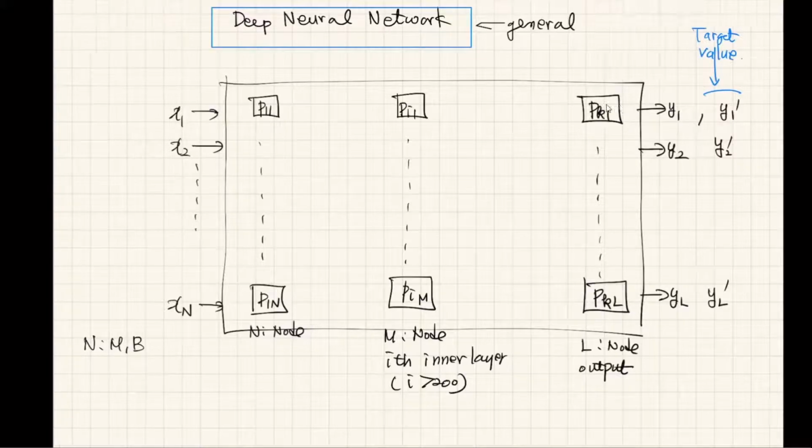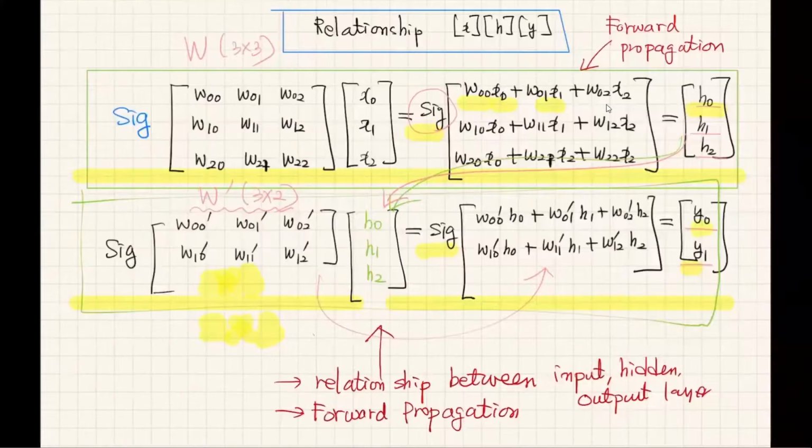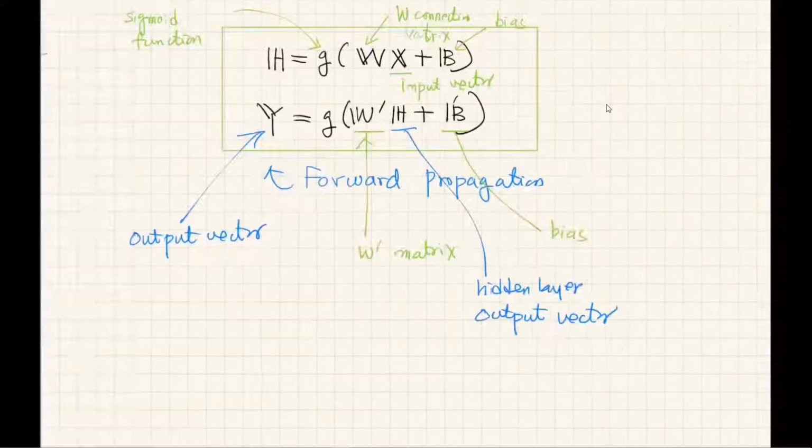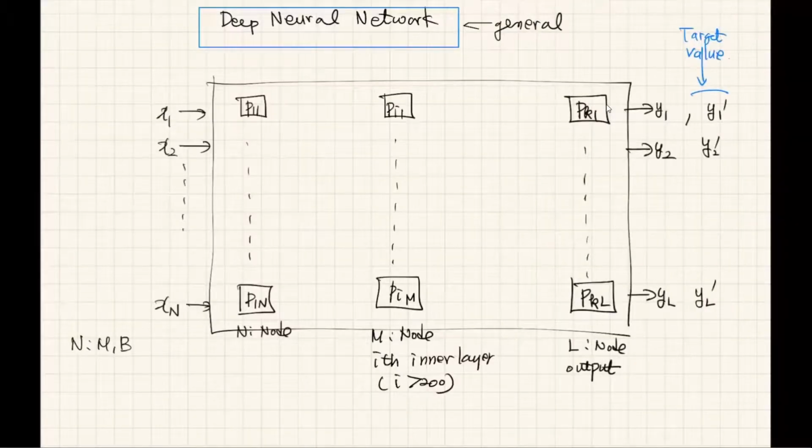So in the previous slide, we had only three inputs and two output numbers, and we had one hidden layer. That hidden layer had three nodes. Now, in the general case, we have n inputs, so the vector size is n, and the number of hidden layers could be many.